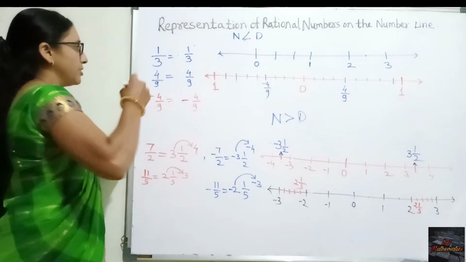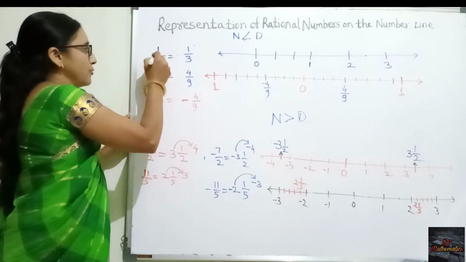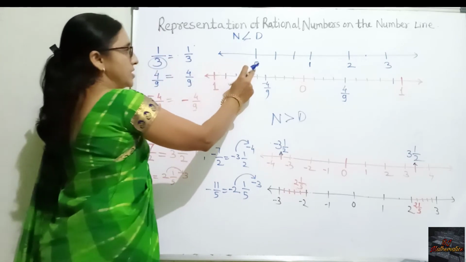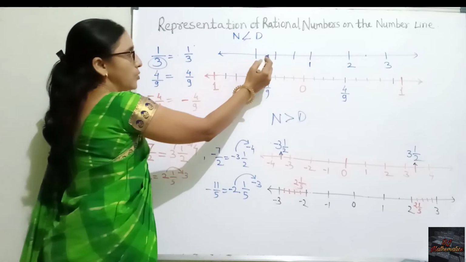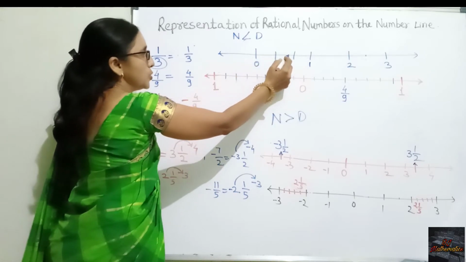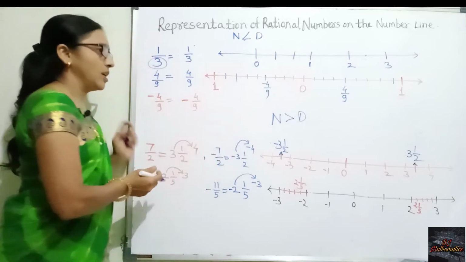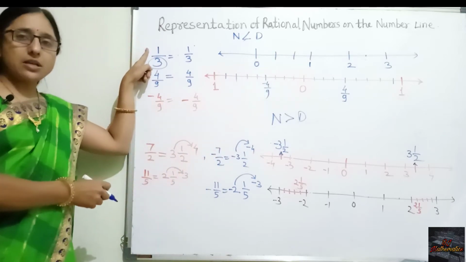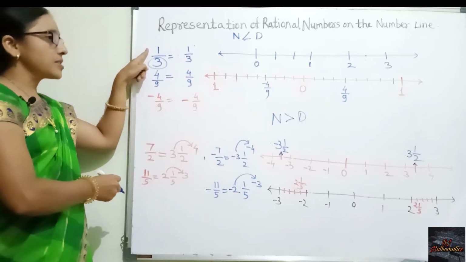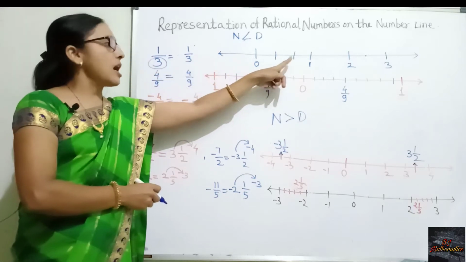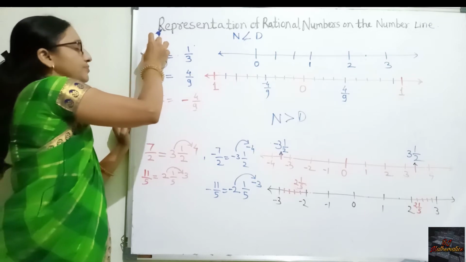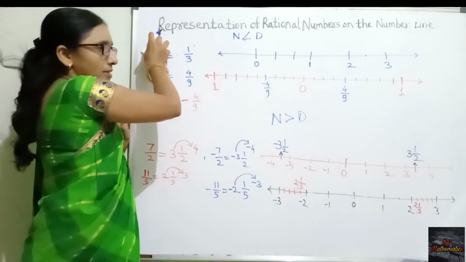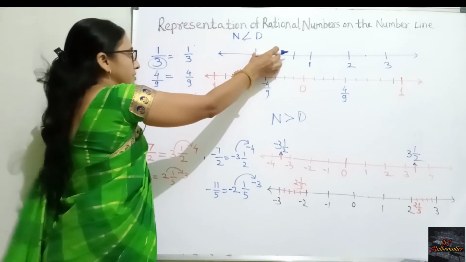Here denominator is 3, therefore the unit distance between 0 and 1 is divided into 3 equal parts, 1, 2, 3. Numerator tells us how many parts of these divisions are considered. Here numerator is 1, therefore 1 part is considered.